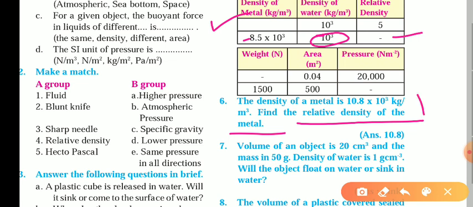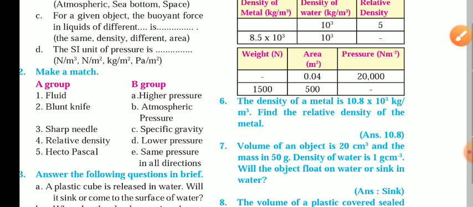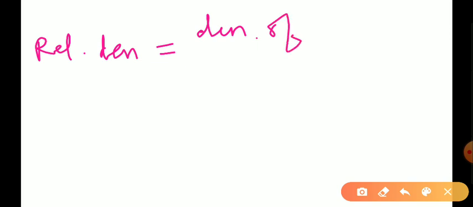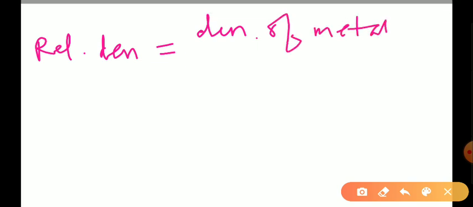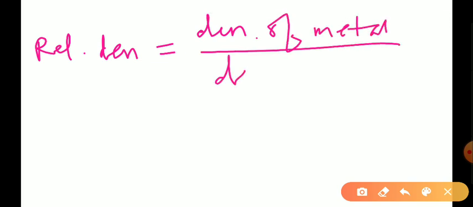So the density of water you can choose as 10 raised to 3 kg per meter cube in this particular question. If I want to solve it, the formula we know very well: relative density is equal to density of metal upon density of water.